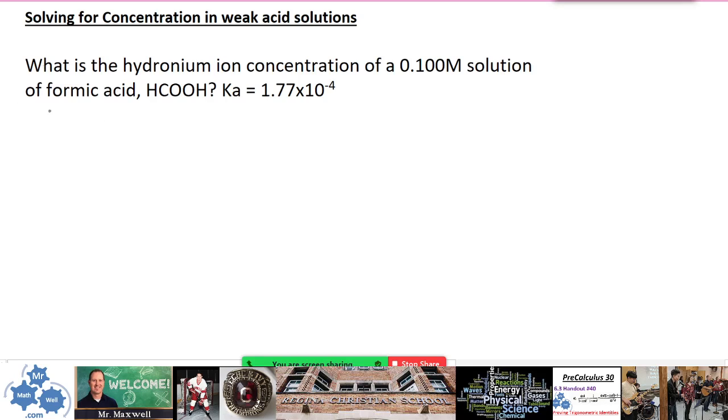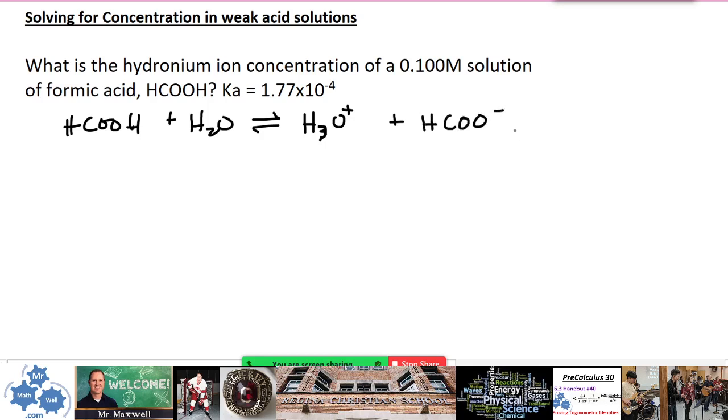First of all, formic acid is HCOOH, and that's going to mix with water, and it's going to come into equilibrium with the hydronium ion, this is the hydronium ion, and HCOO negative.